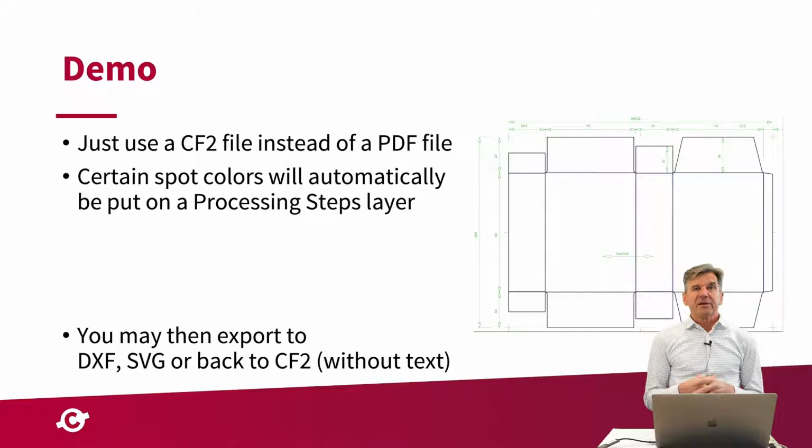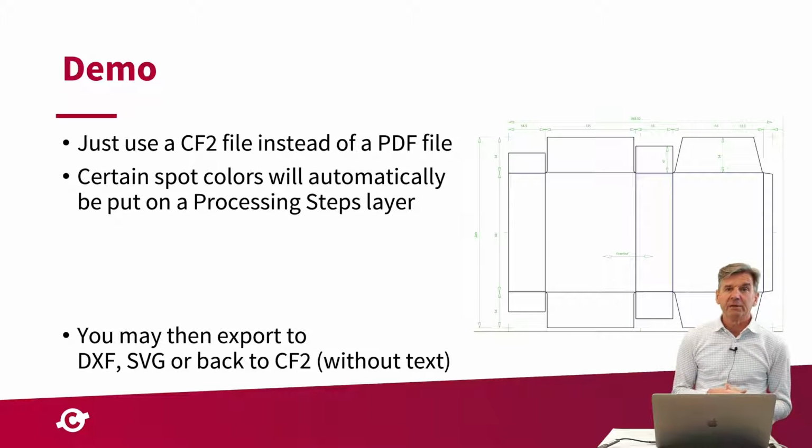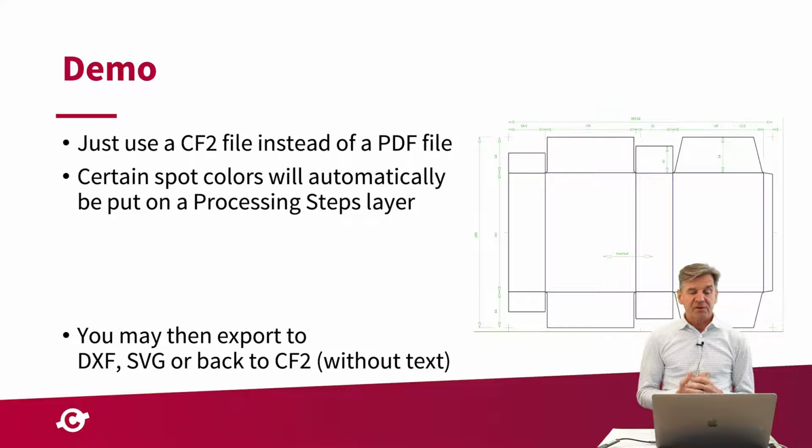pdfToolbox 15 understands the file format, which is not easy because it's not nicely specified. So you'd have to do some trial and error. We have done that, so you can, and I will show that in a minute, import such CF2 files into pdfToolbox.